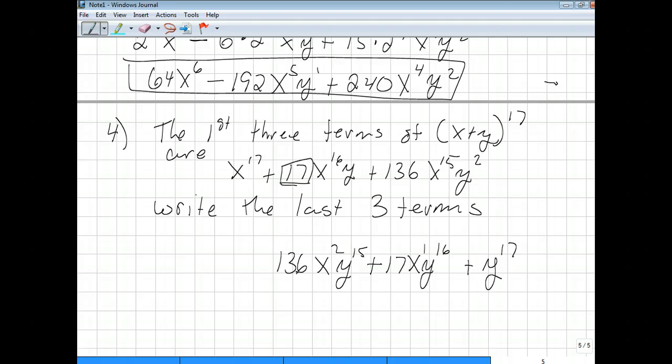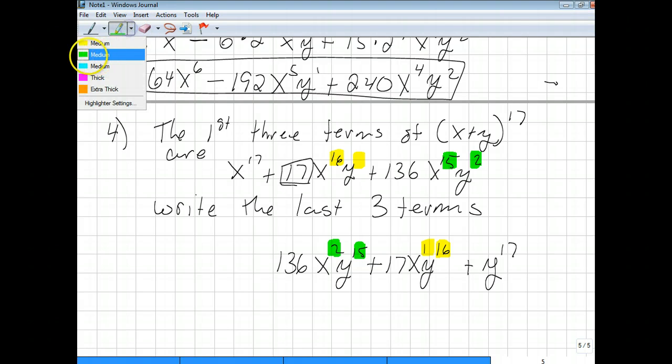And so notice that the powers here are exactly the opposite as the powers here. Okay? And so the coefficients match up, right?